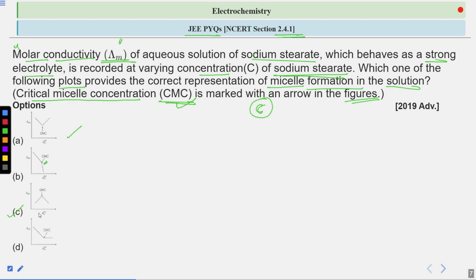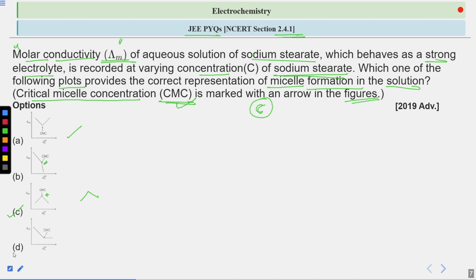Similarly, option C is a graph between the molar conductivity and under root concentration, and this graph is kind of an inverse of graph A. The CMC, the critical micelle concentration, is pointed at this observed point.